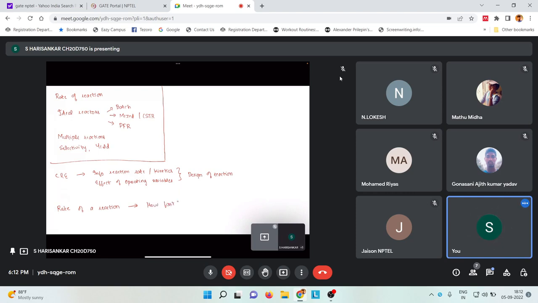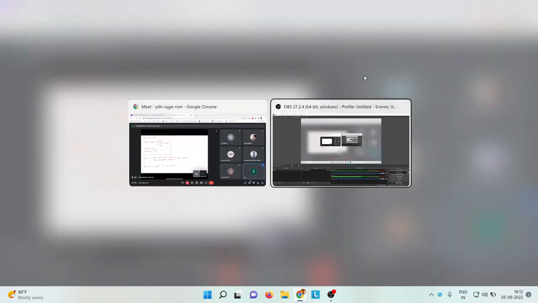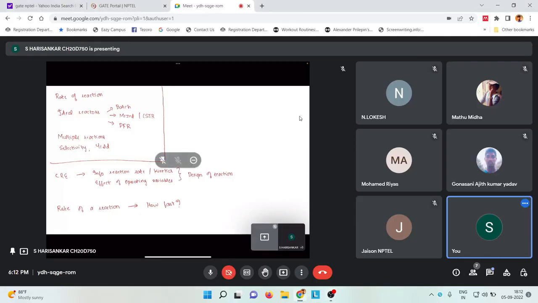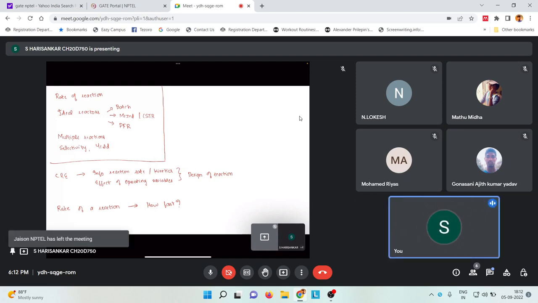How fast can a reaction occur with the given variables and operating conditions? So this is the most basic thing in CRE, reaction rate, and we'll see how reaction rate varies with the order, and what is the order of a reaction and so on.